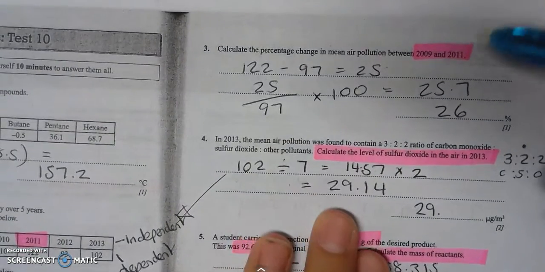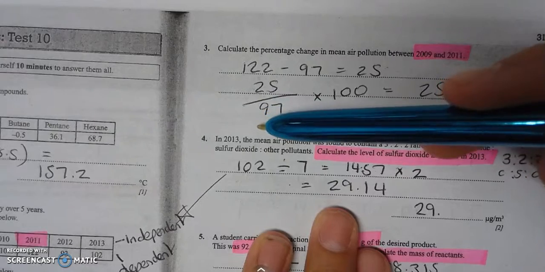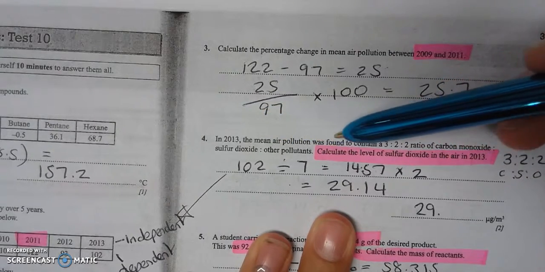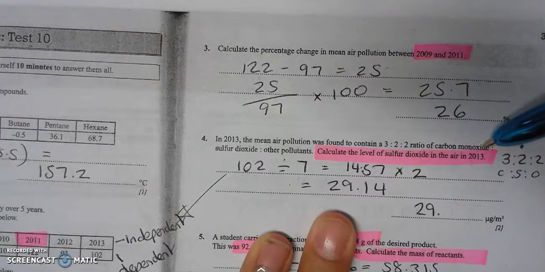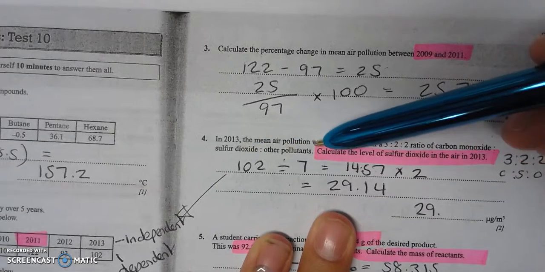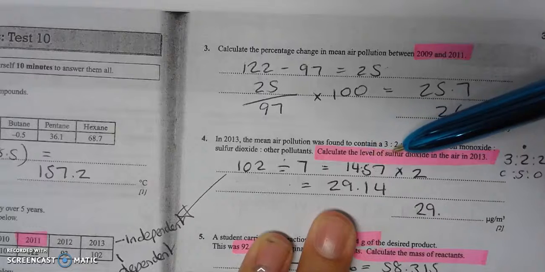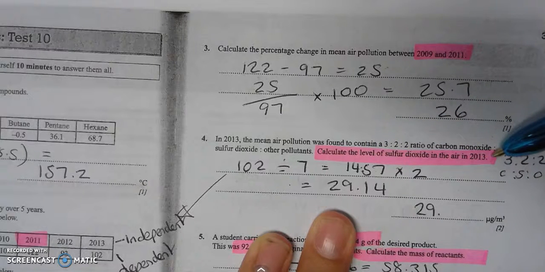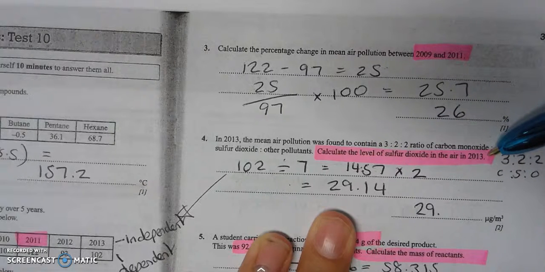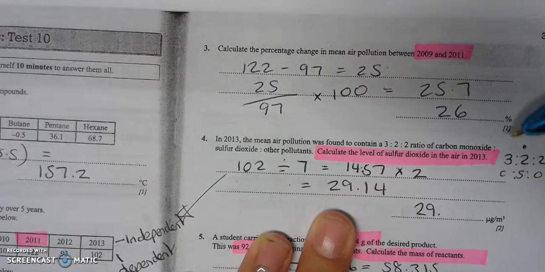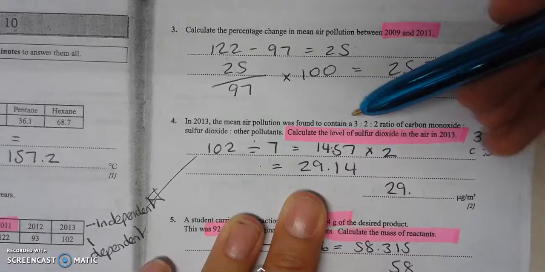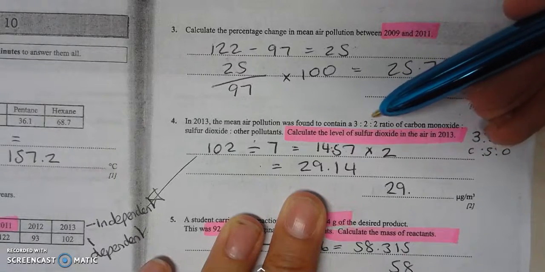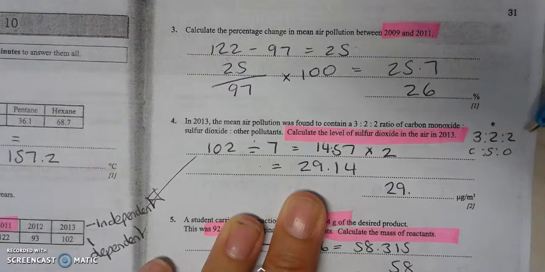This next question is looking at, in 2013, the mean air pollution was found to contain a 3:2 ratio of carbon monoxide, sulfur dioxide and other pollutants. Calculate the level of sulfur dioxide in the air in 2013. Okay, so first of all, I need to make sure I can understand what the question's asking. So I'm just unpacking this question. I've just put the ratio over here, 3:2.